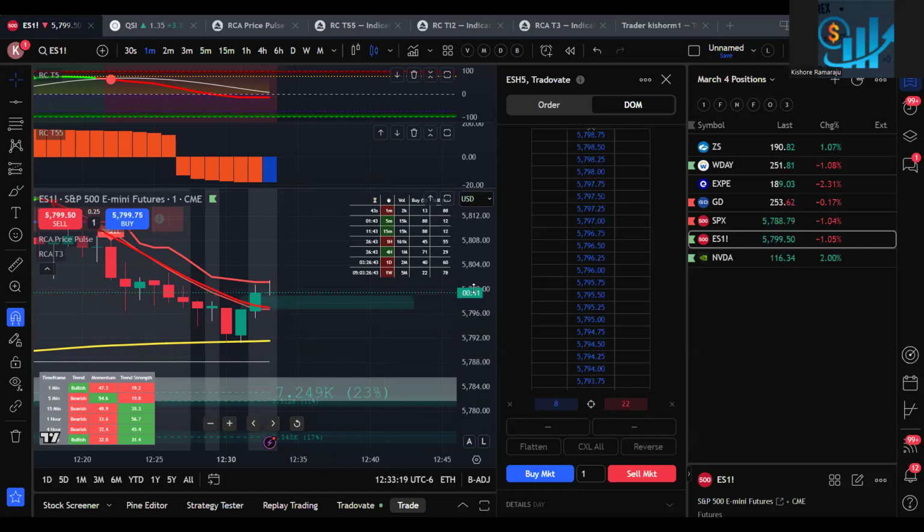Again, we have to wait for the candle close for the signal to stay. Here we got a blue. Here also, if we get a green dot, again it will go all the way to the top.